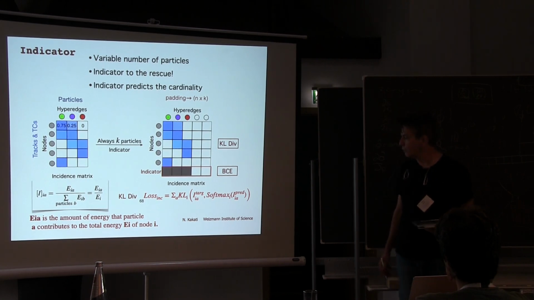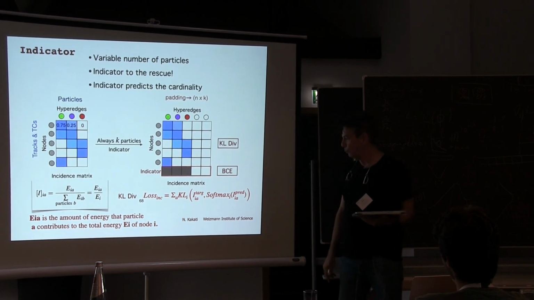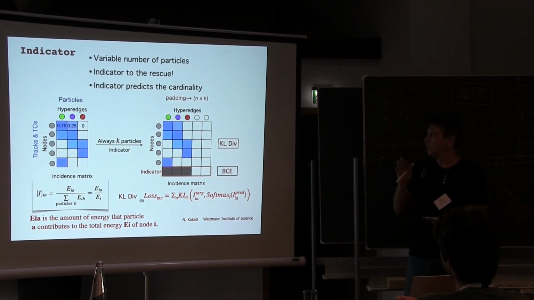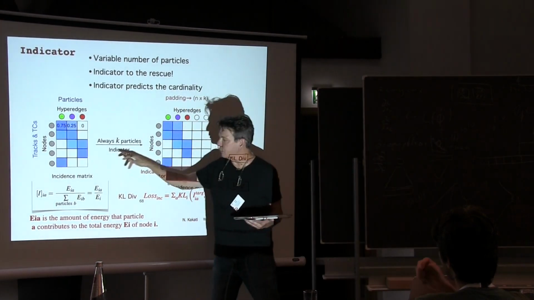So I have two kinds of loss, a BCE loss and a KL divergence loss. So this is the way I learn the incidence matrix.